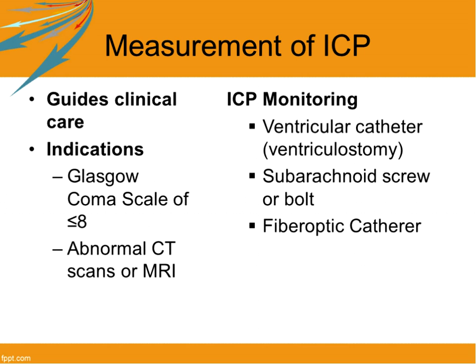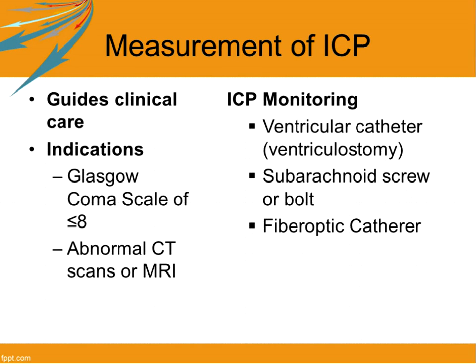The gold standard of measuring ICP is the ventriculostomy. And this is a specialized catheter. It's inserted into the lateral ventricle, and it's coupled to an external transducer which records pressure in the form of electrical impulses. One of the really good things about this is it also allows for drainage of CSF.